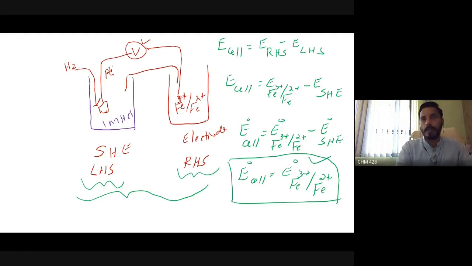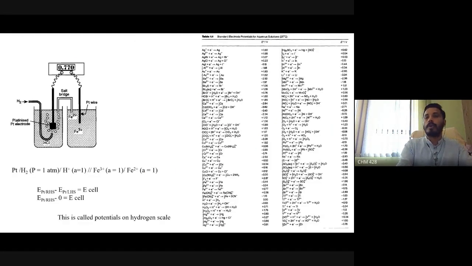This way, you change the right hand side electrode. You take platinum electrode, lithium electrode, potassium electrode. Like that, you change the right hand side electrode and just measure the potential difference across the voltmeter. If you do that, you end up with what is called the electrochemical series.